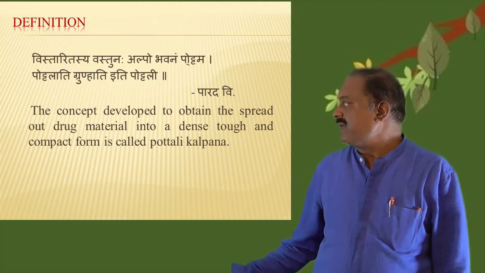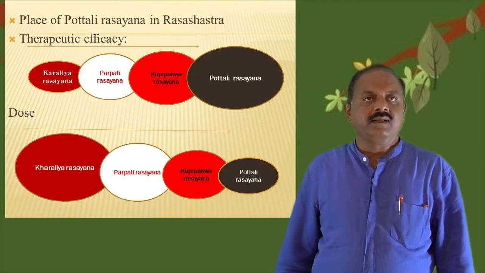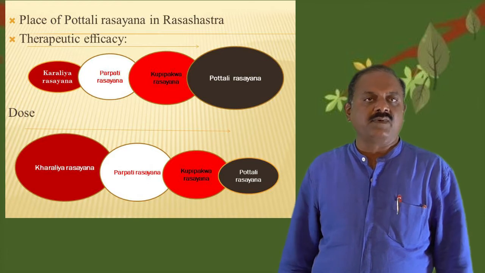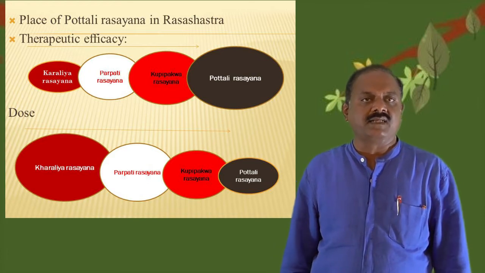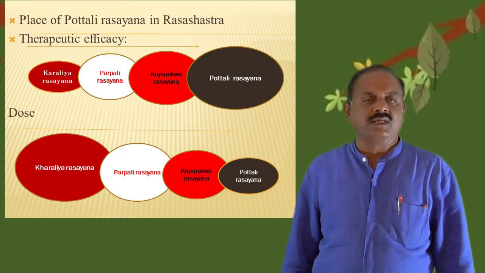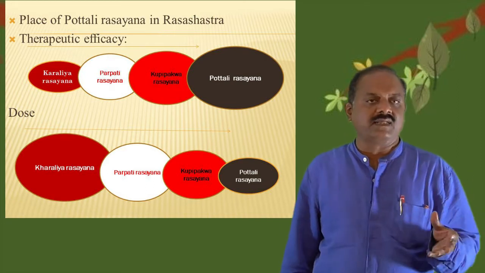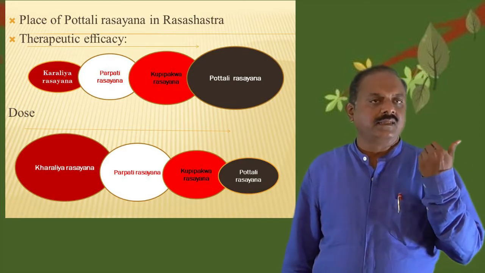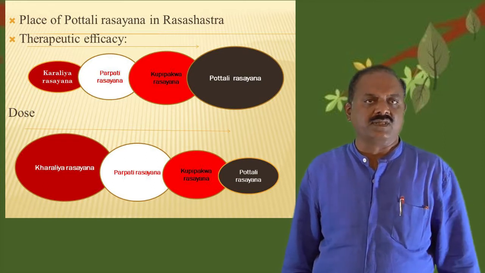The compact form is called Pottali Kalpana. In the field of Rasayana, as far as dose and therapeutic efficacy are concerned, it is a lesser dose with higher therapeutic use, comparable with Parada Chaturveda Rasayana, so we get therapeutic effectiveness with respect to its dose.